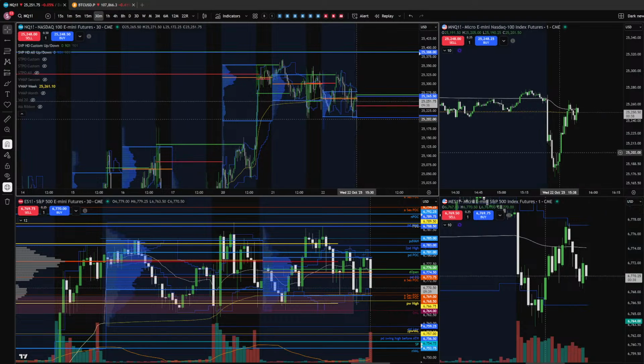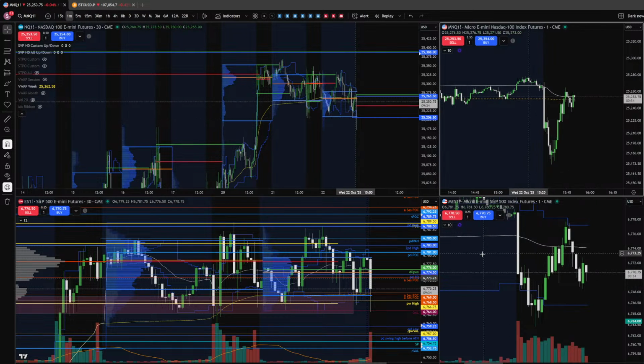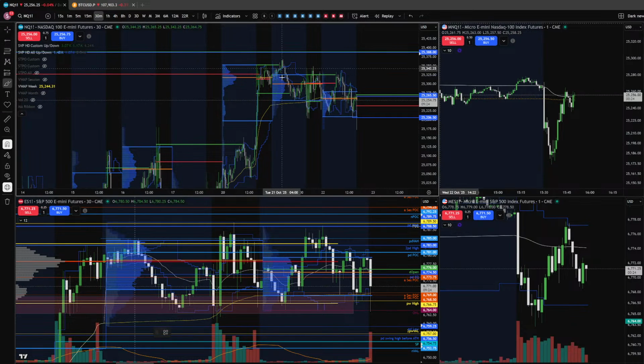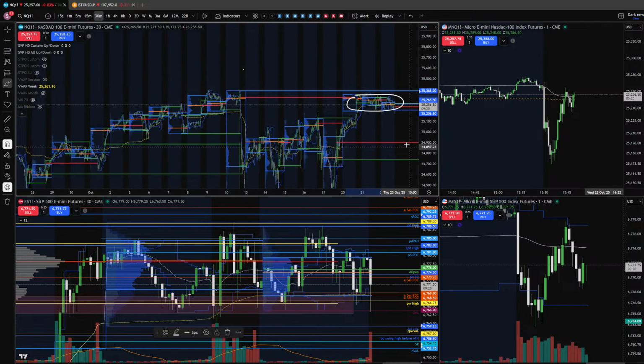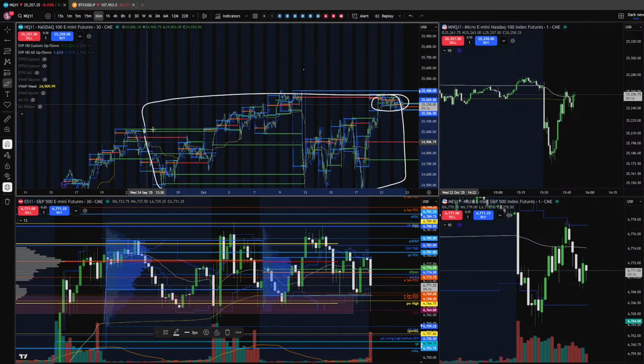All right, this might be delayed, the stream I mean, but I'll do a recap of the trade. As I was saying, we were looking at this range in the upper side of this bigger range.